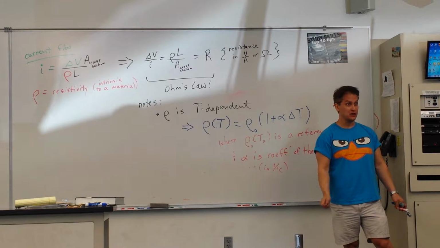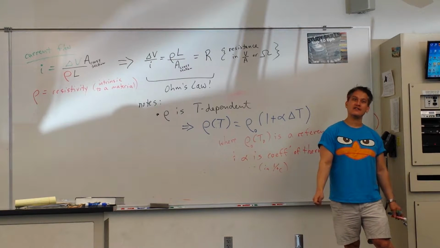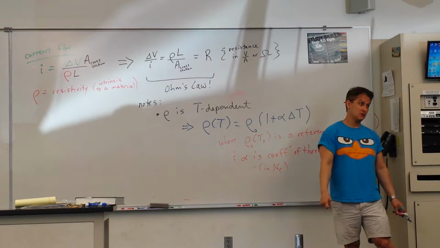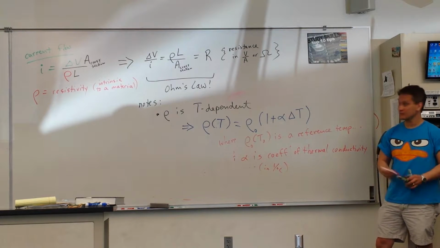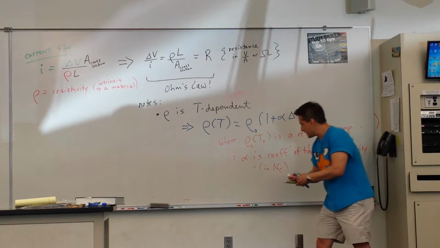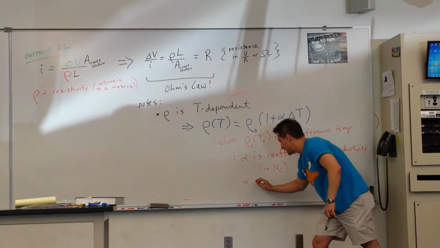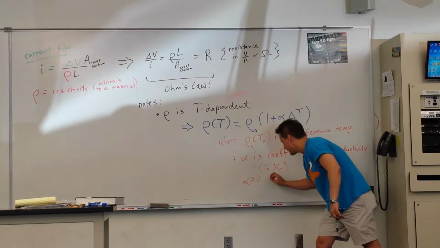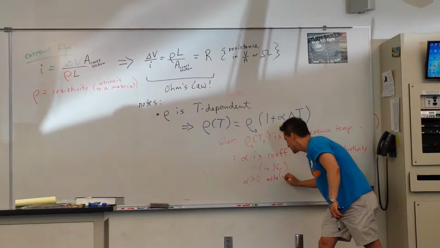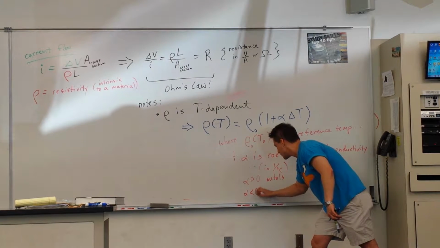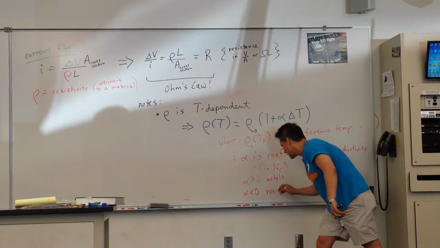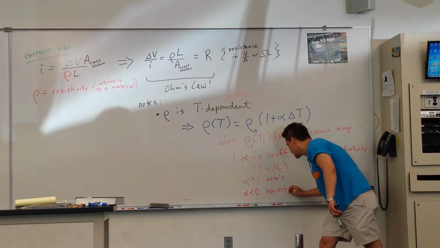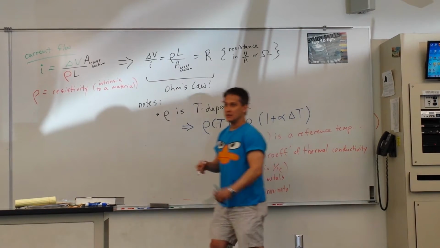Given enough energy, you can yank an electron off helium, which is where the electrons are most tightly held. So alpha is greater than 0 for metals, and alpha is less than 0 for insulators or nonmetals. I'll say nonmetals, but it could be something more composite as well.